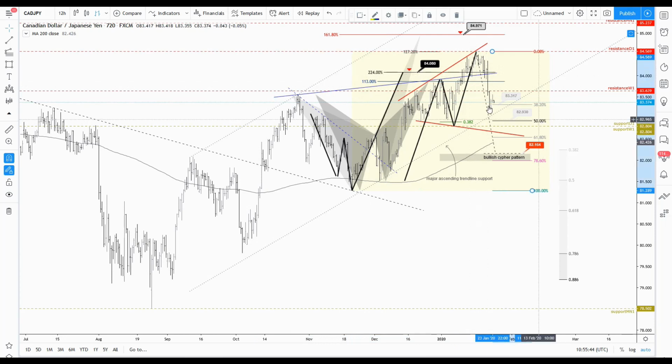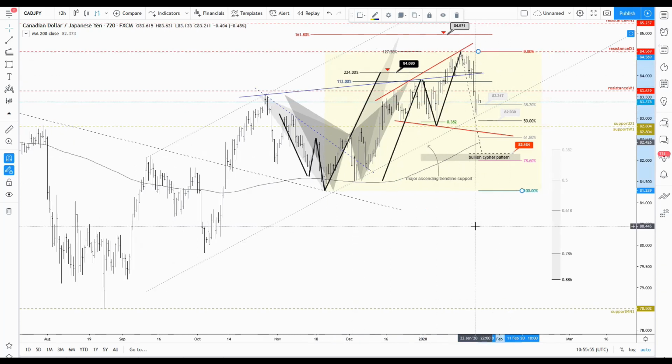So at this point, we are trading the 38% Fibonacci level from these lows to the most recent high. So this is the box that we are trading and plotting at this point. A bullish cipher pattern is now projected at 82.16. So this is the bullish cipher pattern completion point.